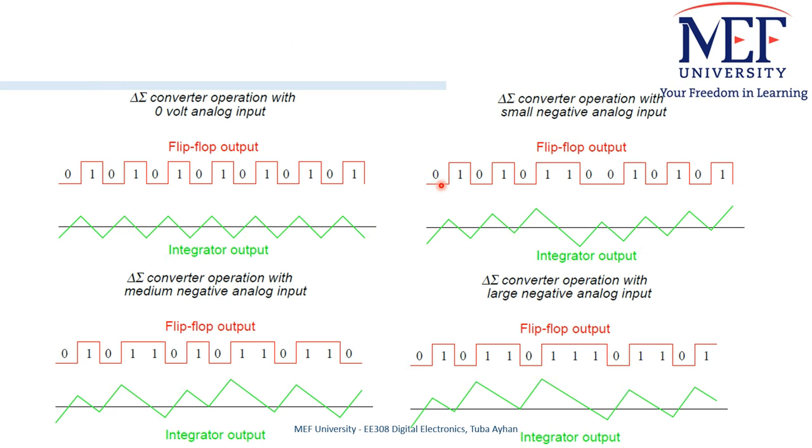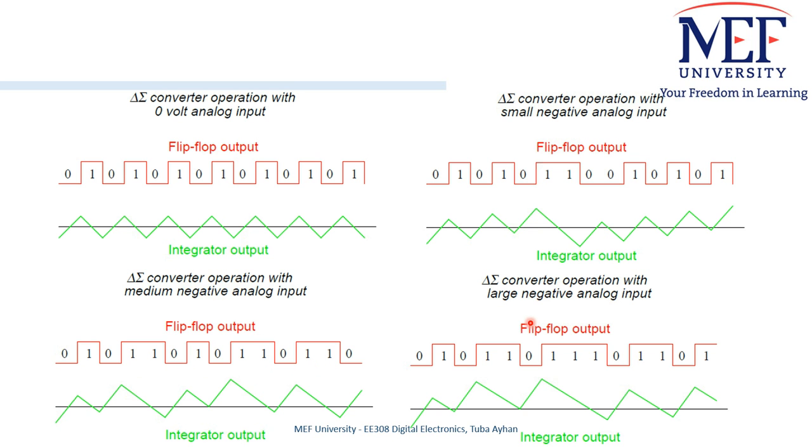As you see, a delta sigma ADC gives 1 bit output. If the value is around 0, then at the output we will see ones and zeros. If we have a low value but not 0, then we will have more ones than zeros.